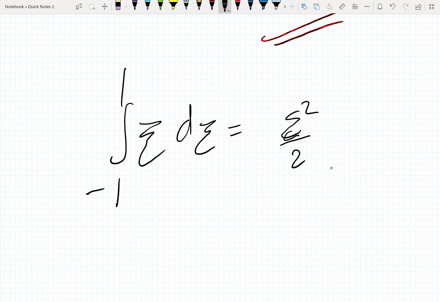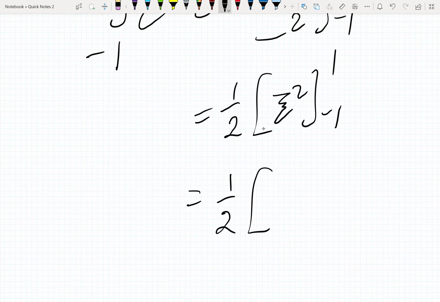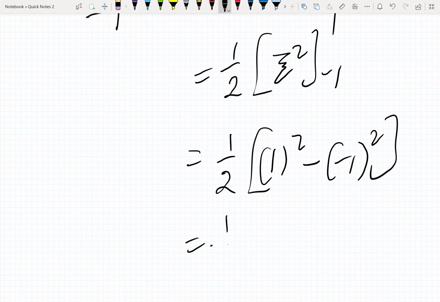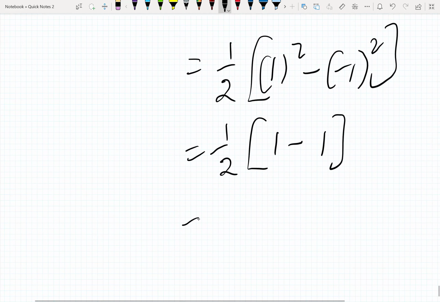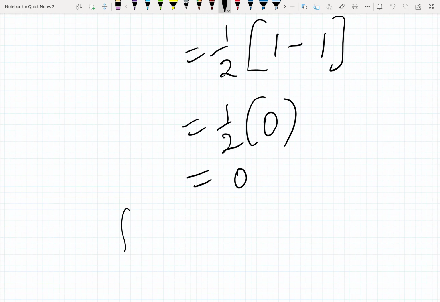So you then have half into, put 1, that's 1 squared, minus, put -1, that's -1 squared. So half into 1 squared is 1, minus 1 squared is also 1, because -1 times -1 is 1. So you have half into 0, and everything goes to 0. That means the integral from -1 to 1 of psi dψ is equal to 0.